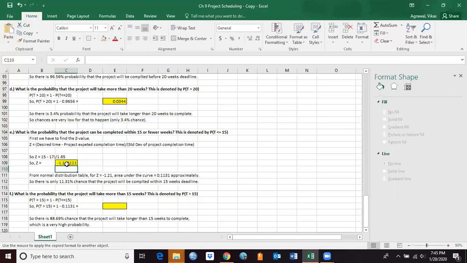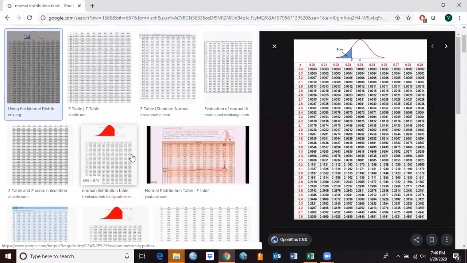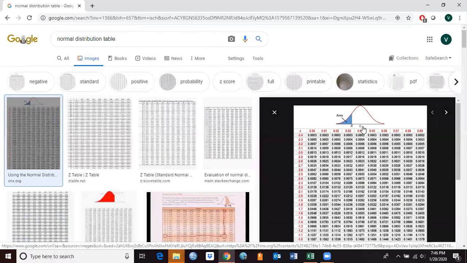It gives me negative 1.21. Anything towards the left side of the zero will always be negative, because we are getting lesser and lesser. The z value always goes positive towards the right side and negative towards the left side in the normal distribution curve. So we go from -3 to +3 range.